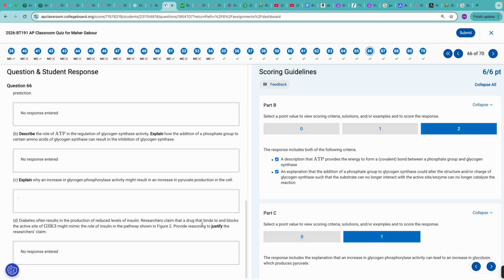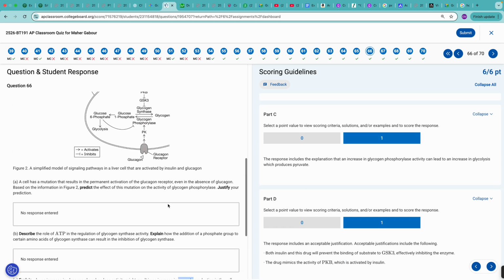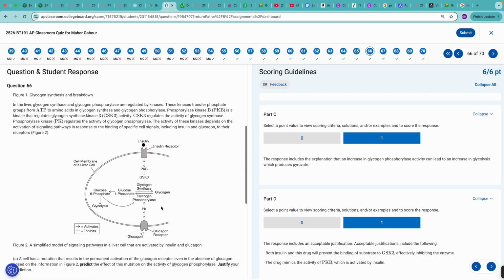Okay, part C, explain why an increase in glycogen phosphorylase activity might result in an increase in... This is the weird product I was talking about: pyruvate. If we have a lot of glycogen phosphorylase, we are breaking down a lot of glycogen to glucose 1-phosphate, which is converted into glucose 6-phosphate.